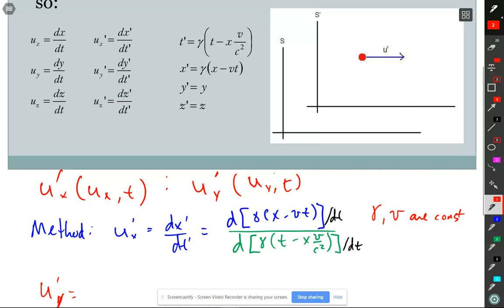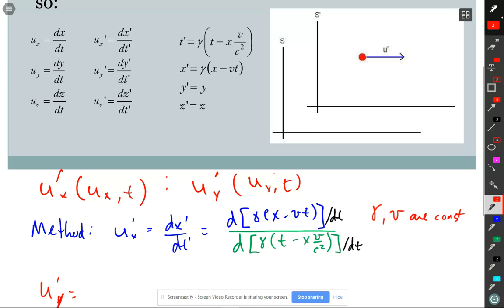As t changes, t changes. So you just have one minus. Now v and c are constants. So we have dx dt. And then that's it. Okay. That's true.